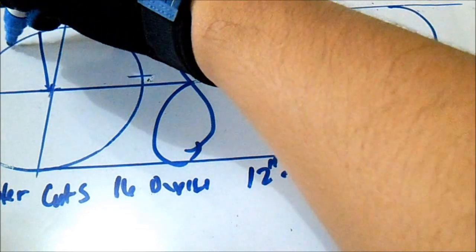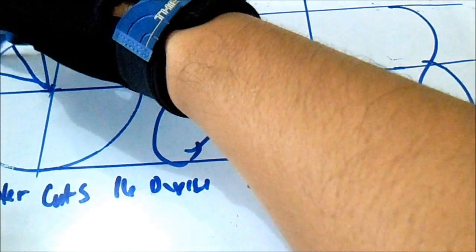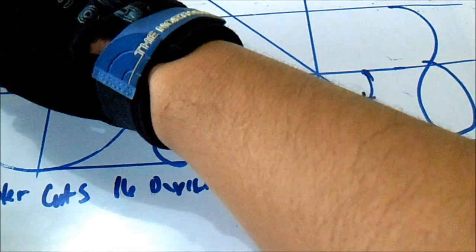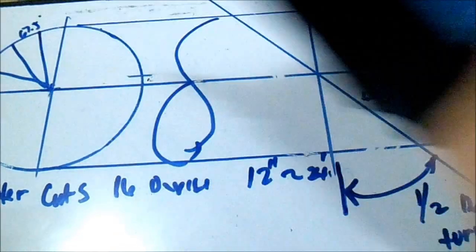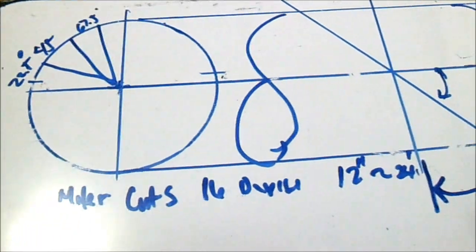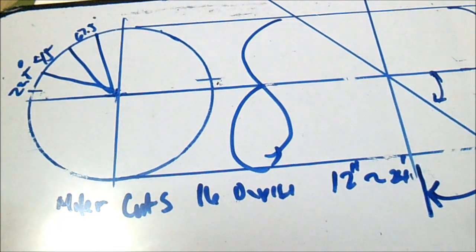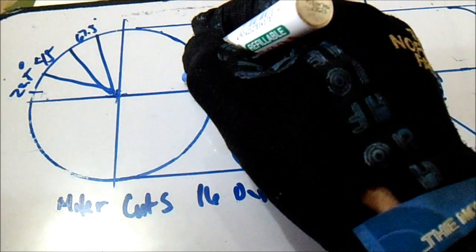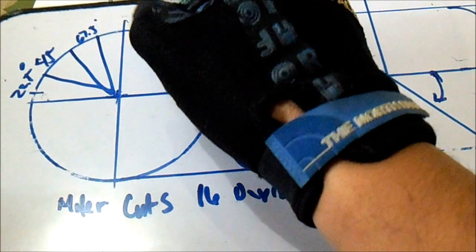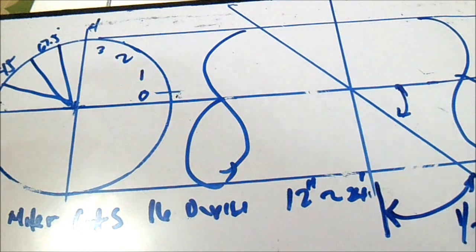We have degrees here: 22.5, 45, and 67.5 degrees. Our diameter of pipe is 12 inch. We have numbers here: 0, 1, 2, 3 and 4. This is our miter cut.